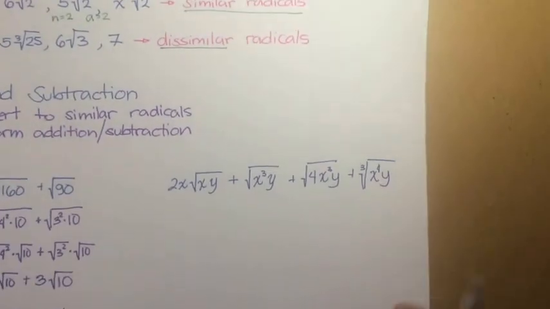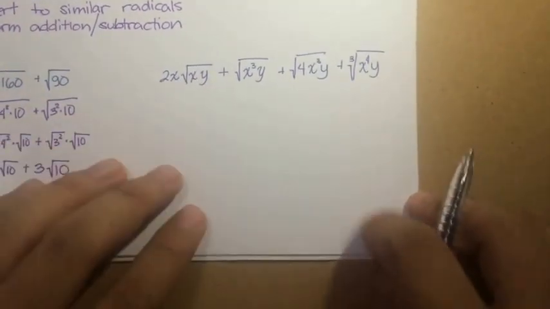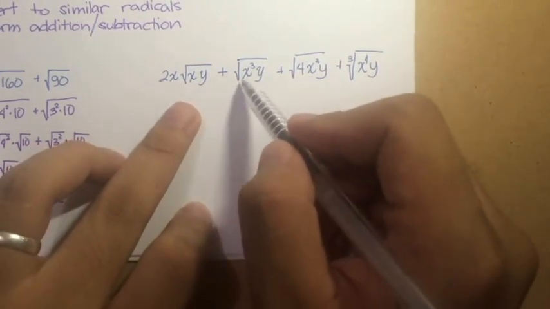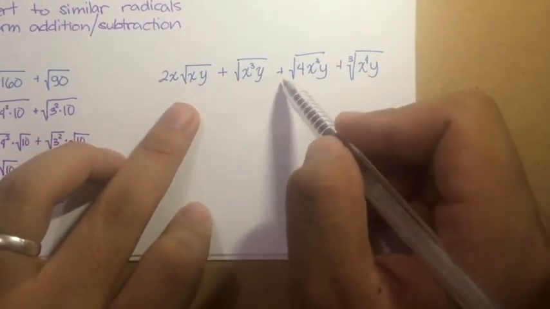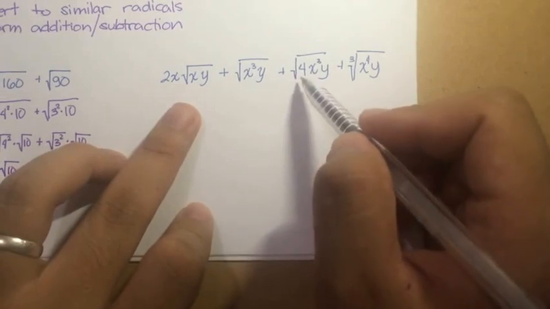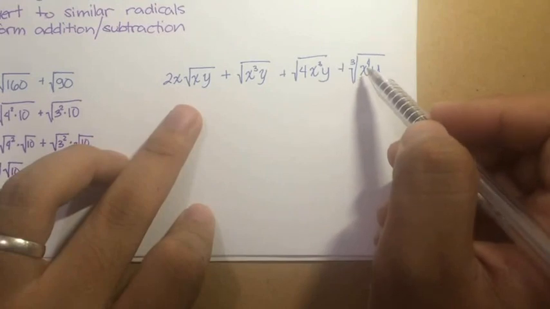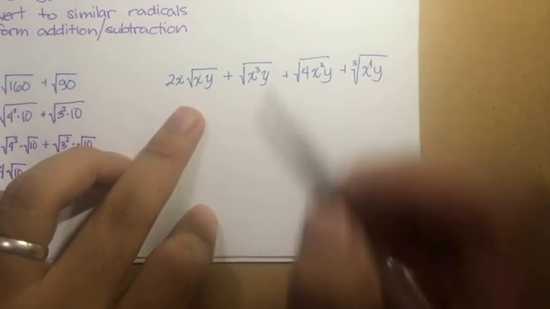For another example, we have 2x square root of xy plus square root of x cubed y plus square root of 4x cubed y plus cube root of x raised to 4 y.